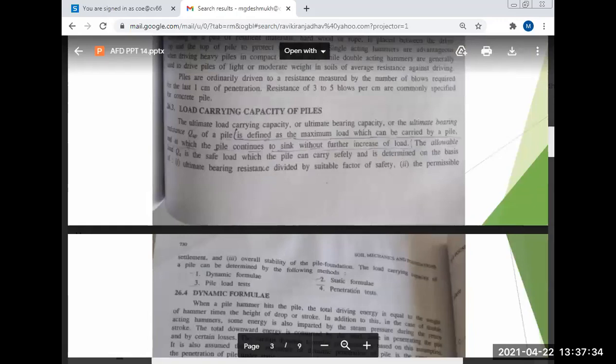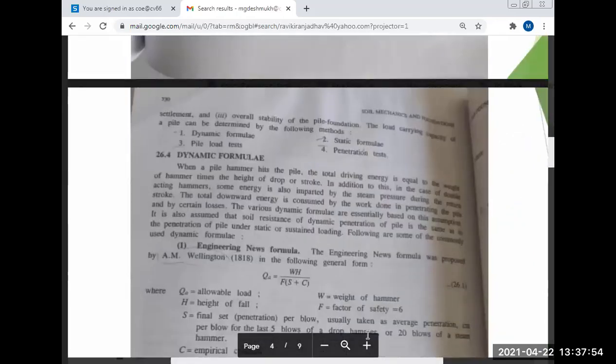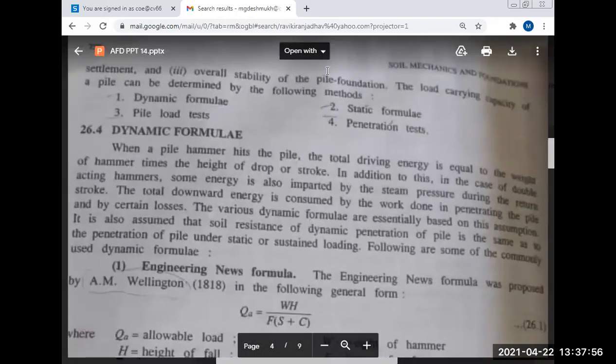Third is when a load is applied, just like the plate load test you did in bearing capacity. One more load test is here, and it is called the pile load test. Third is the pile load test.